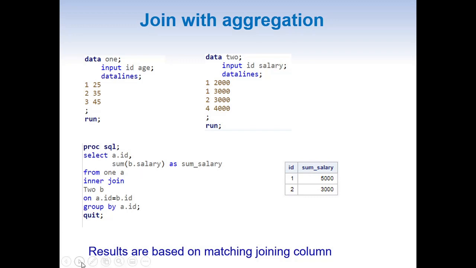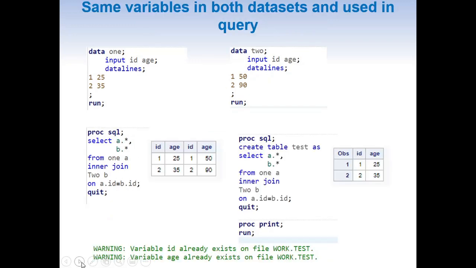Now let me also talk about another topic which is not often discussed. What happens when we have the same variables in both data sets and we use them in the query as well as in the create table? Let's try to understand this through an example.